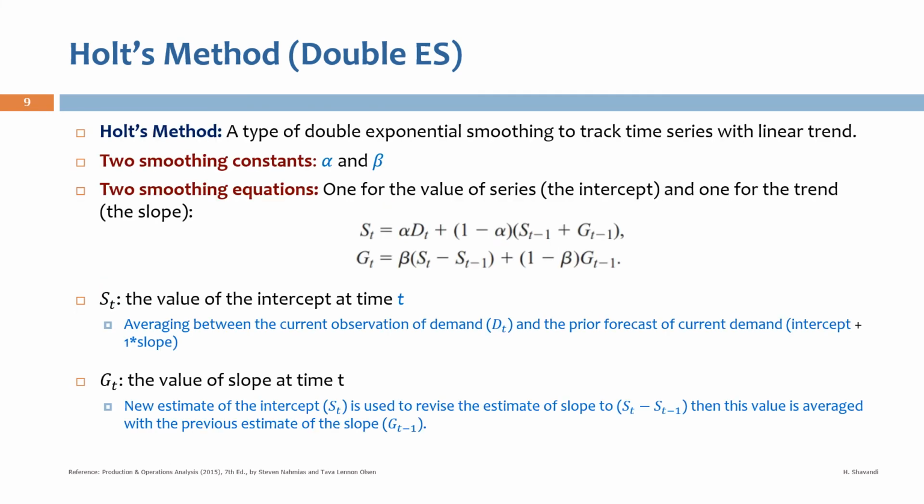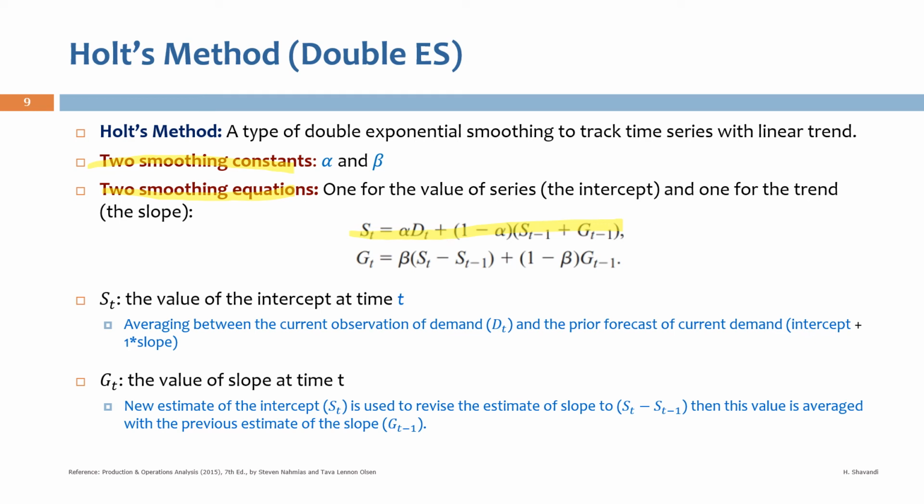Holt's method is a double exponential smoothing, so it has two smoothing constants, alpha and beta, and two smoothing equations, one for the intercept and the other for the slope. The intercept at time t will be a weighted average between the actual demand of that period and the forecast demand of that period.